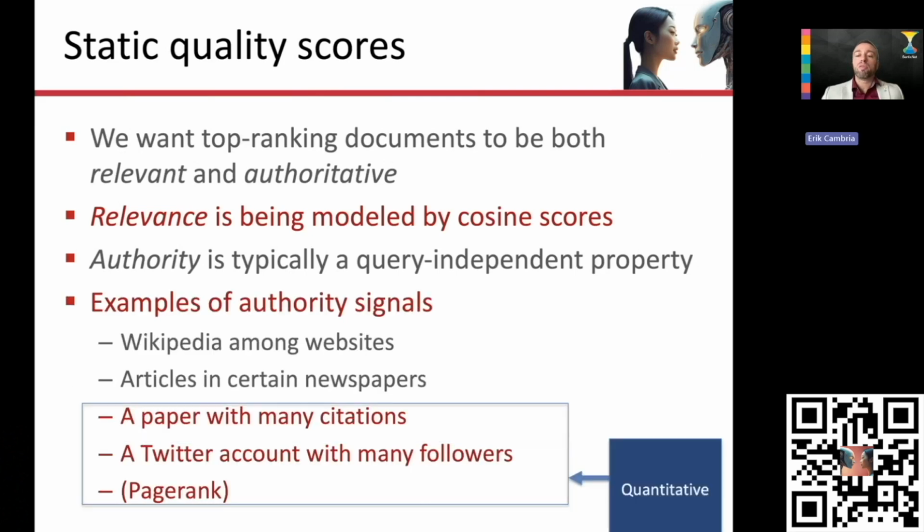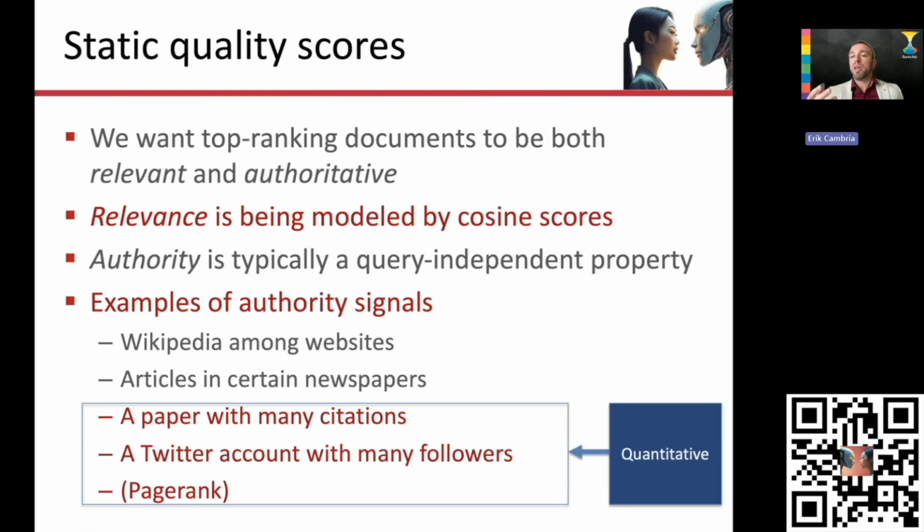Another thing that I can do is to come up with some static quality scores. For example, if I'm looking for something in my document collection, as the top result, of course, I want to get the most relevant one in terms of TF-IDF score, but I would also want to have as the top documents the ones that come from reputable sources.